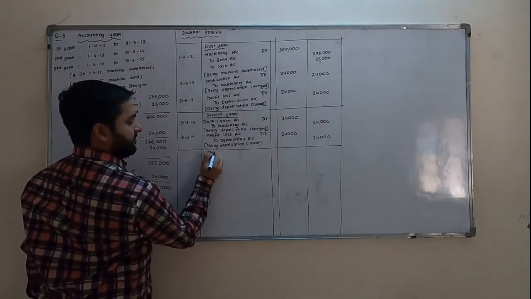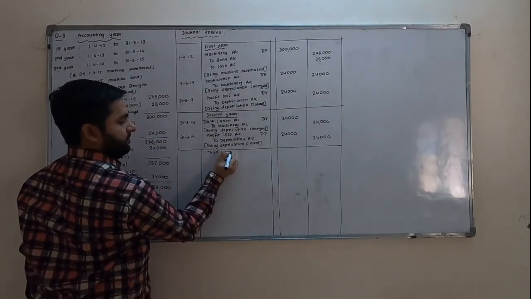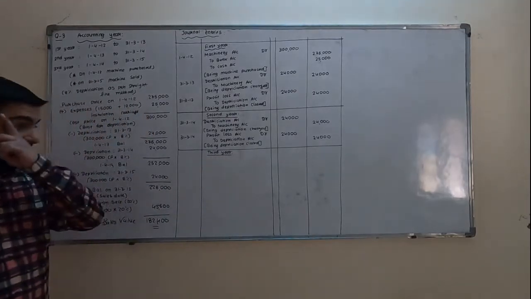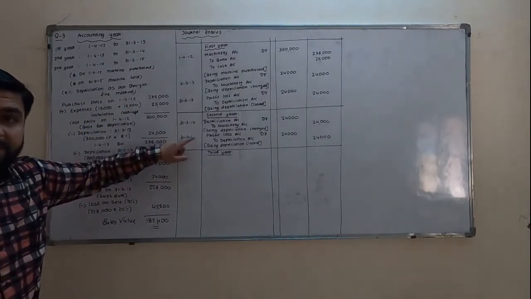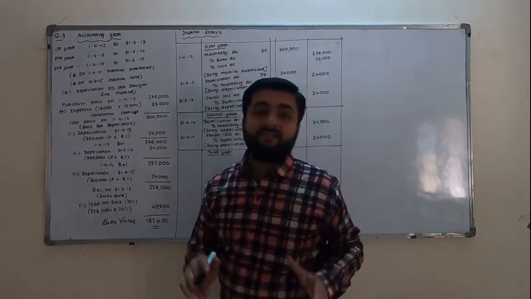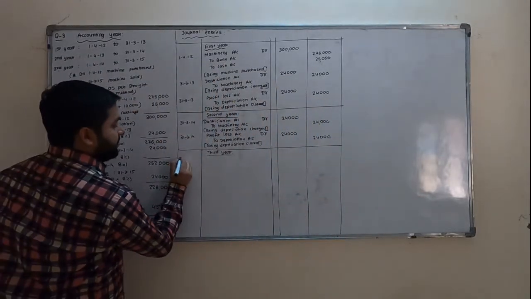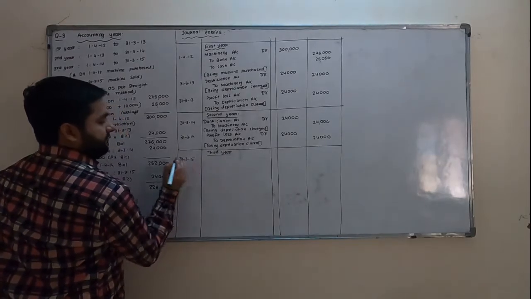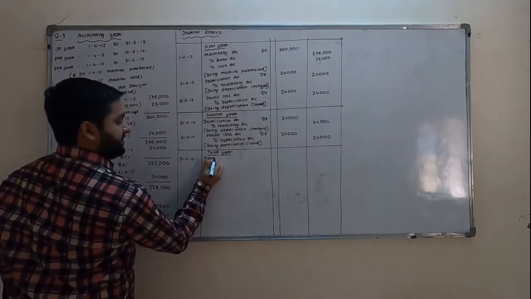Now third year. Now in third year these two entries will come, but as we have written in the format, if machinery is sold in that year, that entry will also come. So 31/3/15, first we will give depreciation.